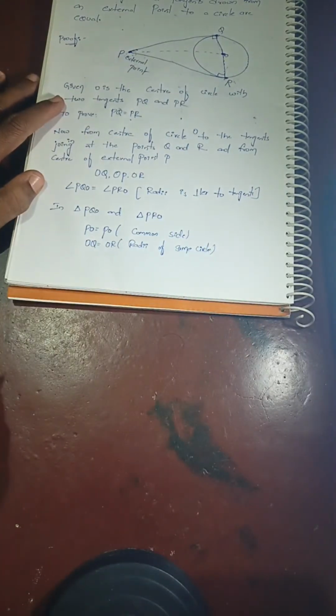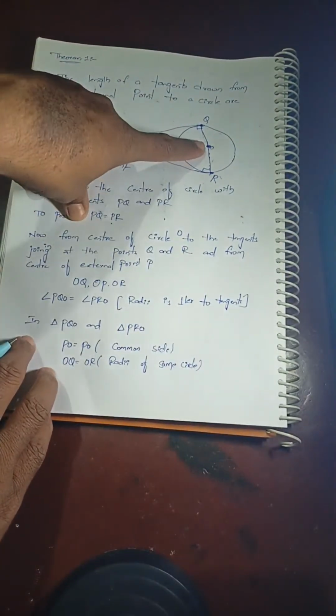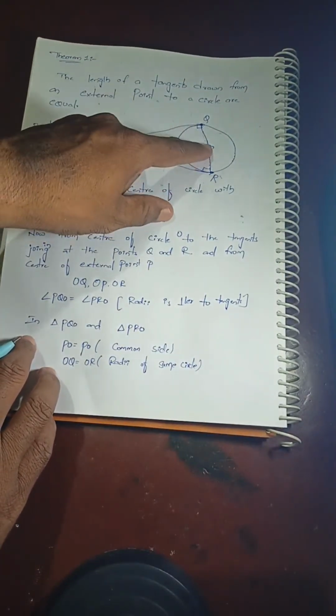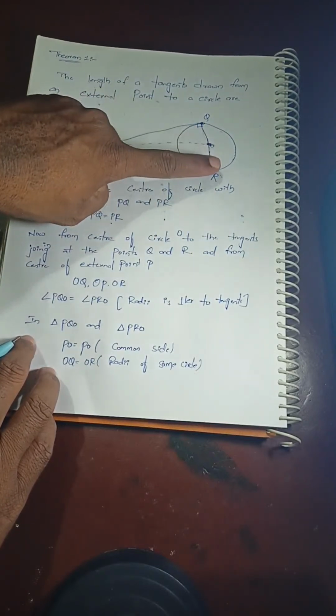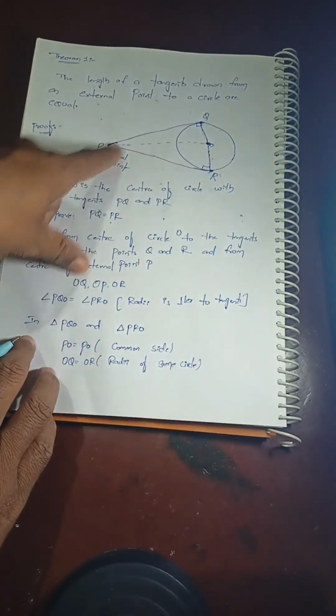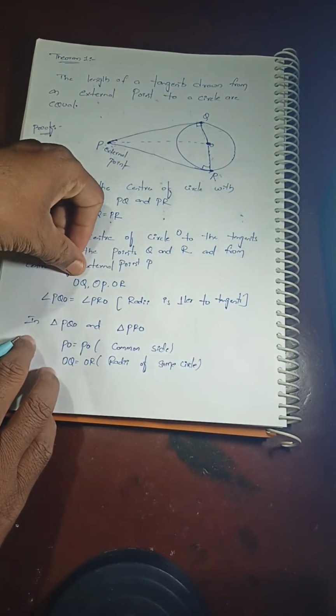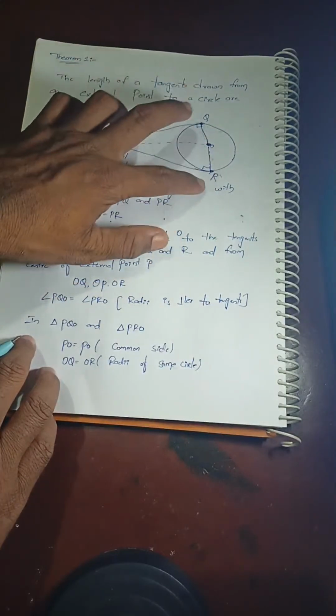From the center of the circle O we join to the tangent points Q and R, and to the external point P. That's it, OQ, OP and OR are drawn.